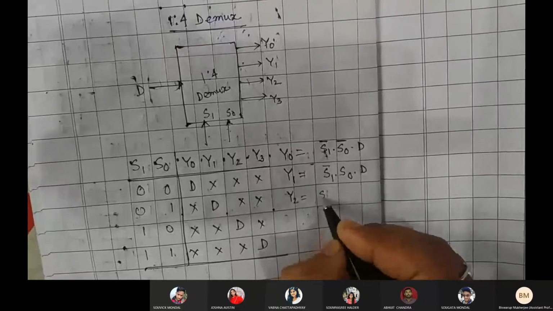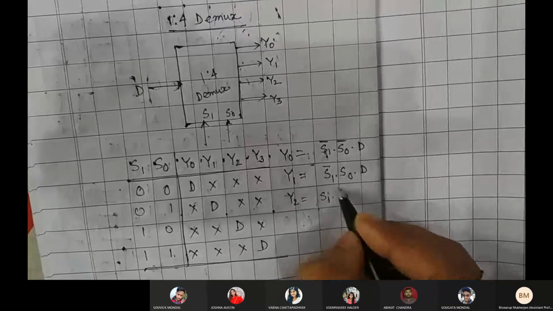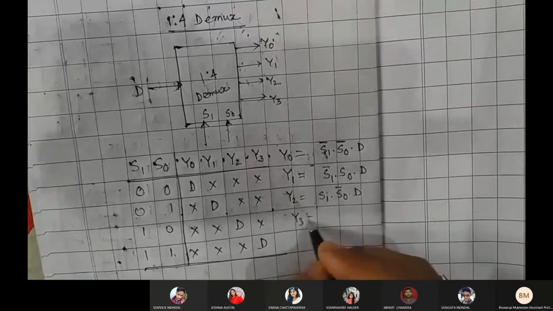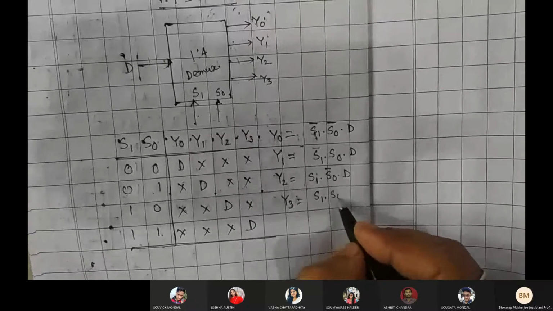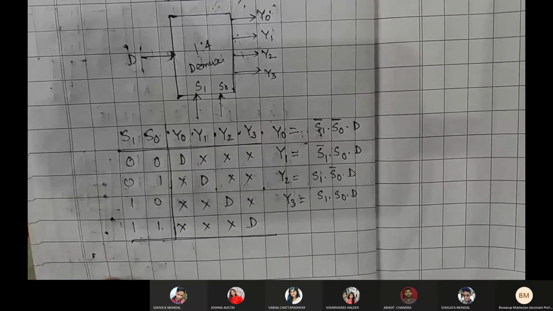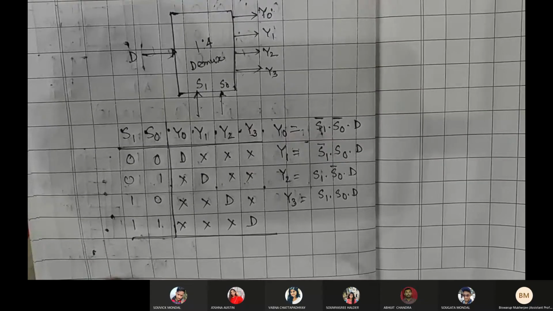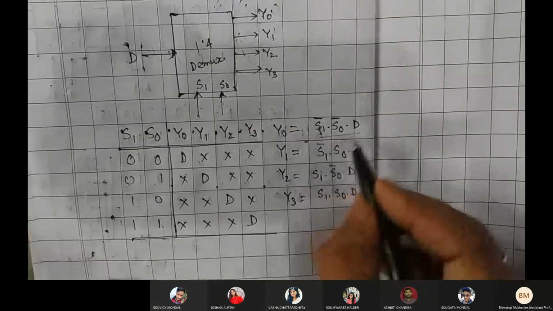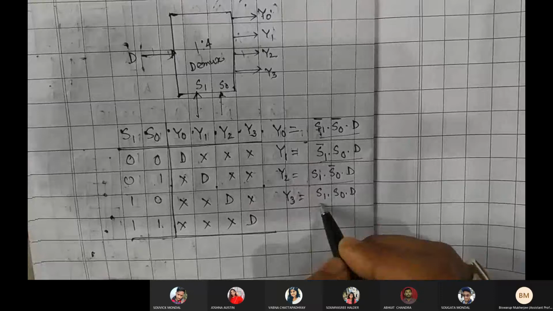Y2 is equal to S1 dot S0 bar dot D. And Y3 is equal to S1 dot S0 dot D. So these are the 4 expressions for the 4 different outputs, right? So obviously you can draw the circuit also for these 4 different Boolean functions.